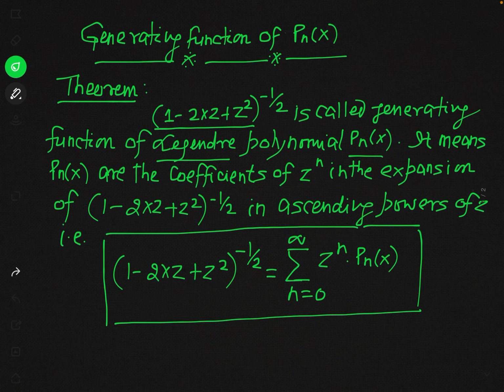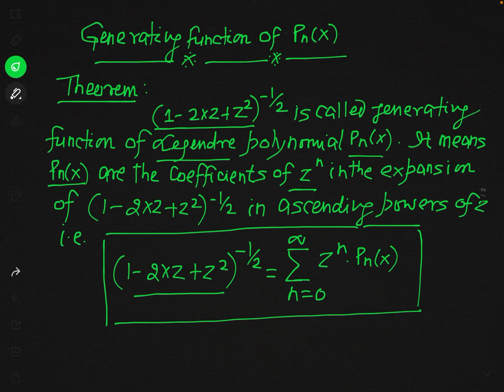When you say that this function 1 minus 2xz plus z square whole to the power minus half is the generating function of Legendre polynomials, it means these Legendre polynomials Pn of x are the coefficient of z to the power n when you expand this function in ascending powers of z.